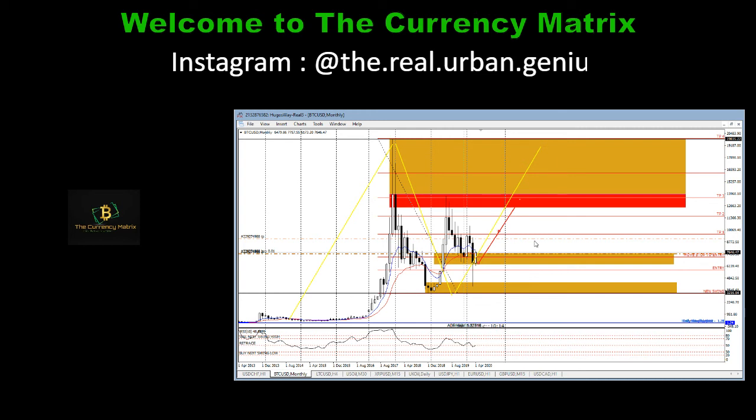I'll change that trend line color to blue. So we'll likely see something like that if you follow the blue line here for the Bitcoin.